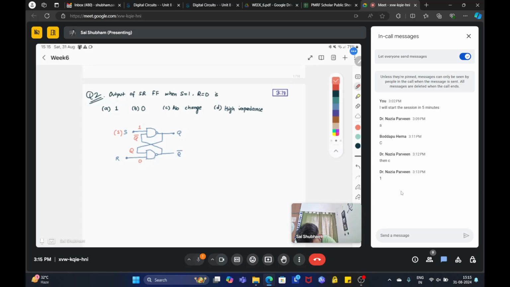This is a NAND gate, so since this input is 0, the output will always be 1, because Q dot 0 bar will be 0 bar, which equals 1. So Q bar will always be 1.